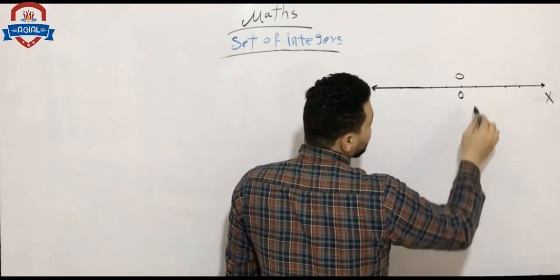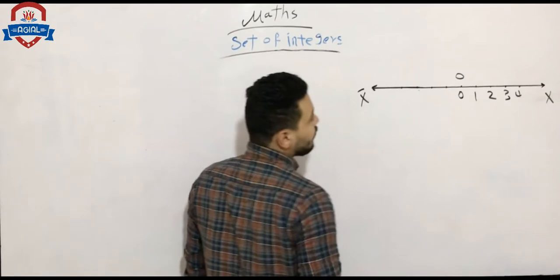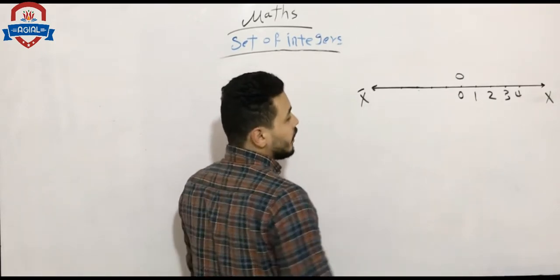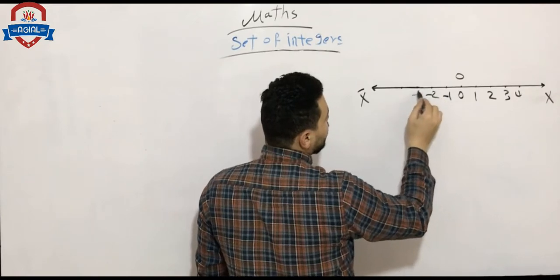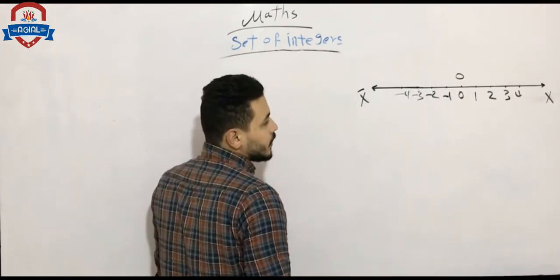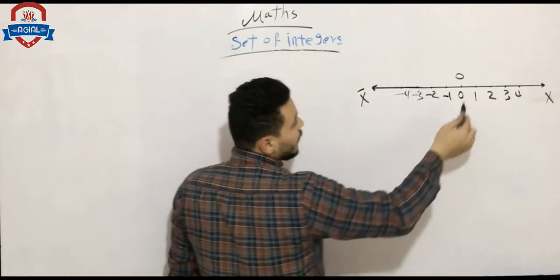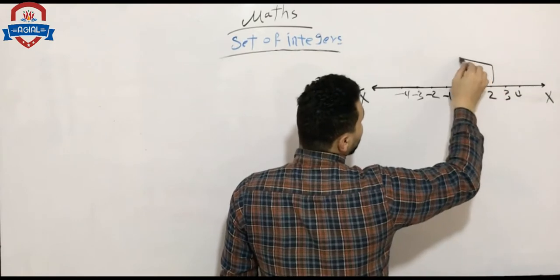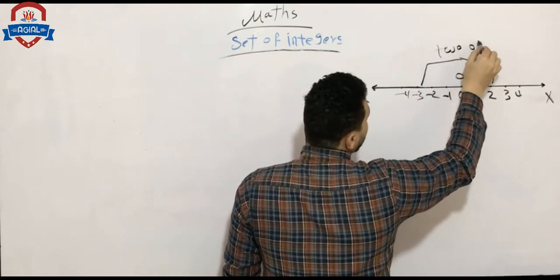And on the right we have 1, 2, 3, 4, and so on. And in the opposite direction we have negative 1, negative 2, negative 3, negative 4, and so on. So the positive numbers and the negative numbers are represented in opposite positions.